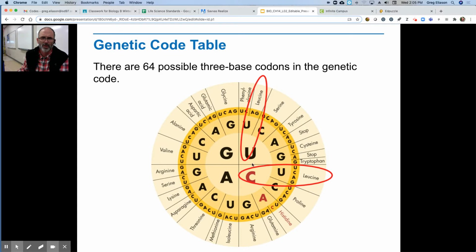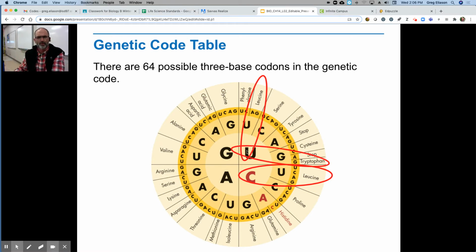UUG and UUA code for leucine. UAA is a stop codon. UAG is a stop codon. So we have ones that are start, that AUG is a start codon, and then the ribosome needs to know where to stop reading the code.